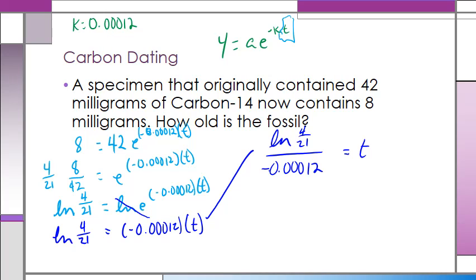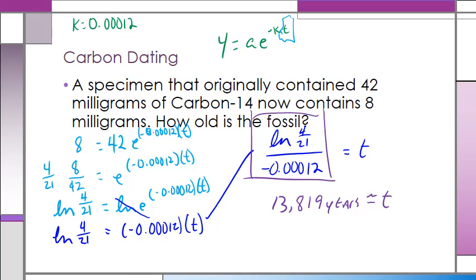And when we enter this into our calculator, then we're going to get 13,000, and we're going to just round it to the nearest year, 819 years approximately is equal to the time.